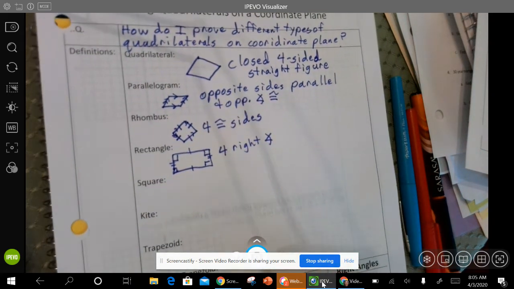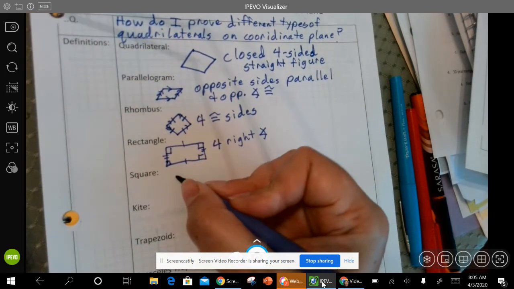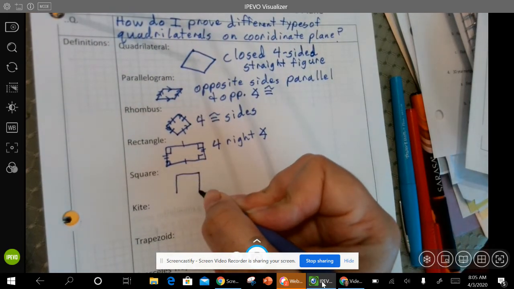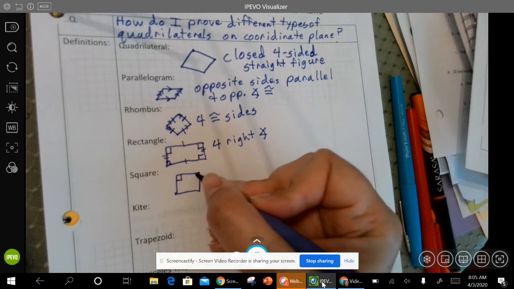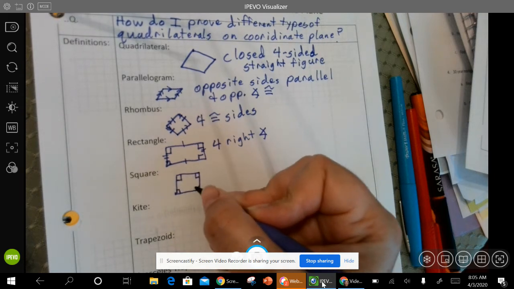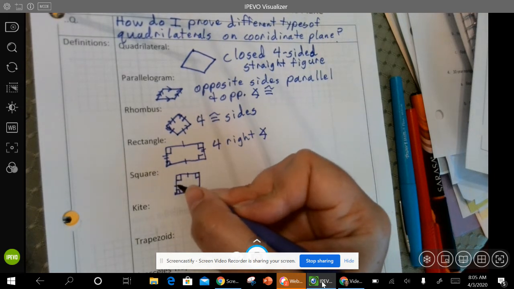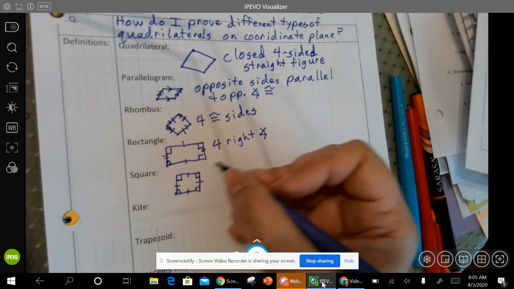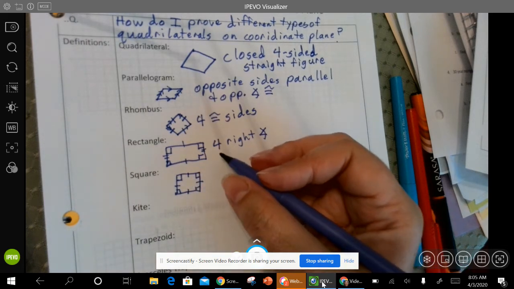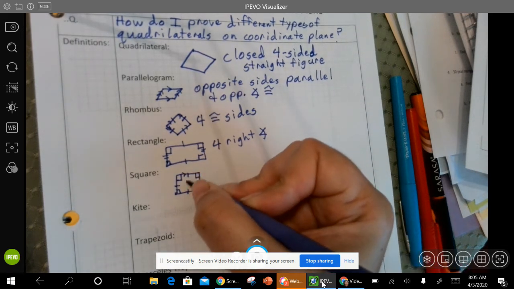Okay, for a square, a square is our regular polygon. So 4 right angles, 4 congruent sides, and the opposite sides are parallel.